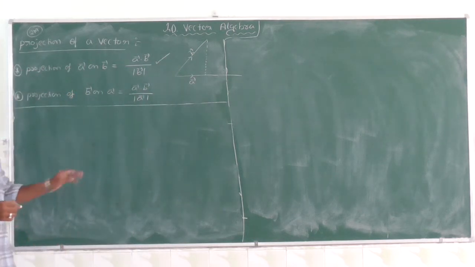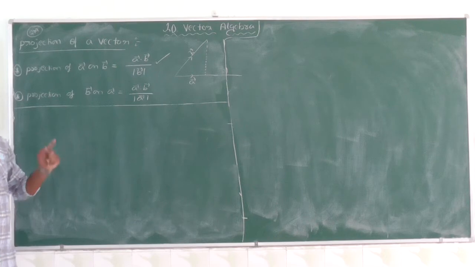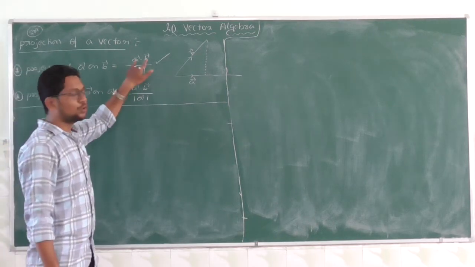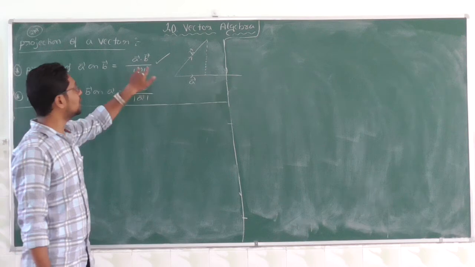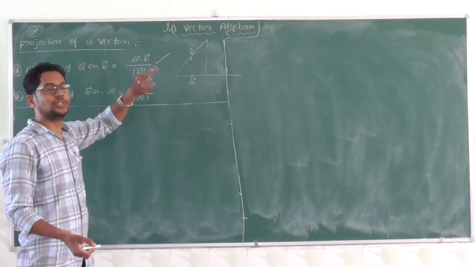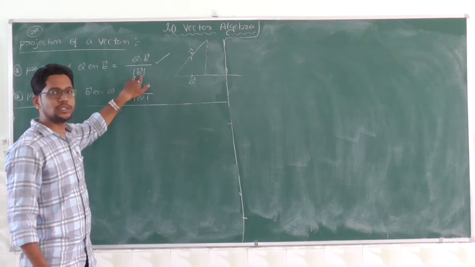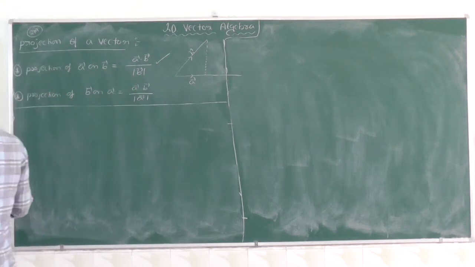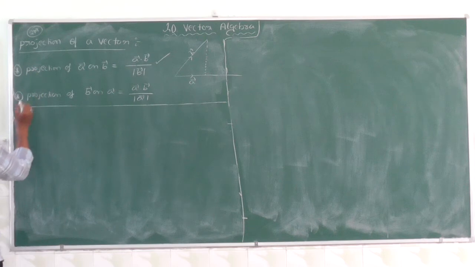If you remember this, 100% you will get 2 marks. Two things we have to find: dot product and magnitude. That's enough.